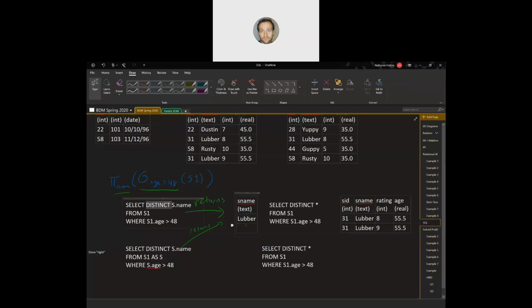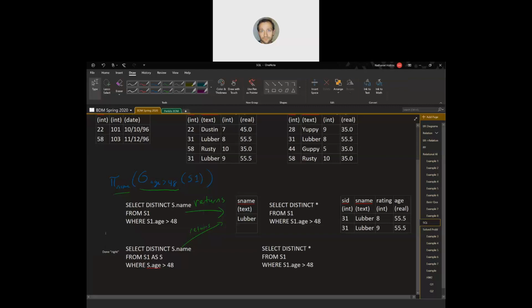So unless you have a specific reason to want repeats, you should always add the word distinct. This avoids mistakes. Not only for this class, but in the real world. I mean, people will not add the word distinct and then they double count and that's not what they meant to do, and they were just confused about the SQL language. So I'm heavily emphasizing it. Use distinct unless you have a very good reason not to.